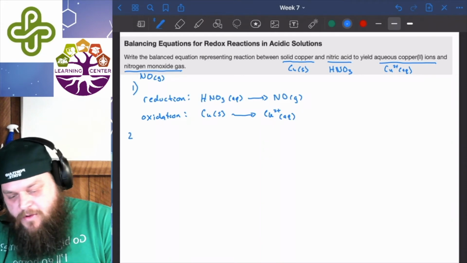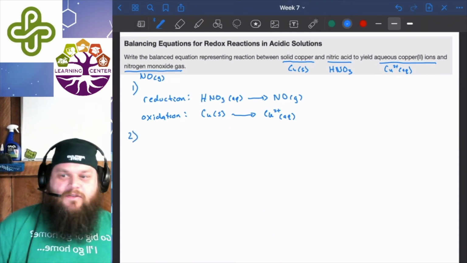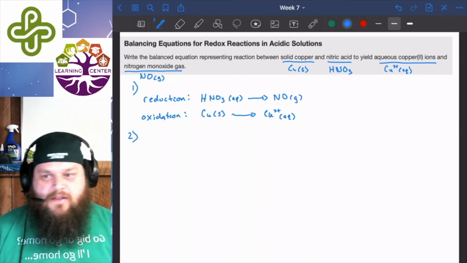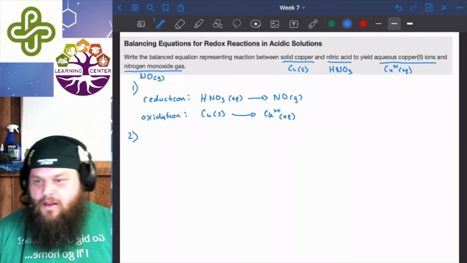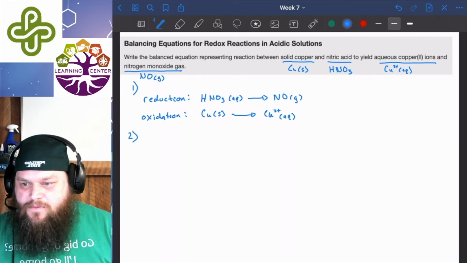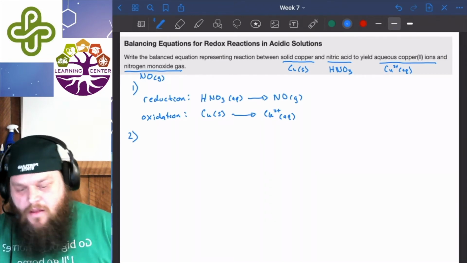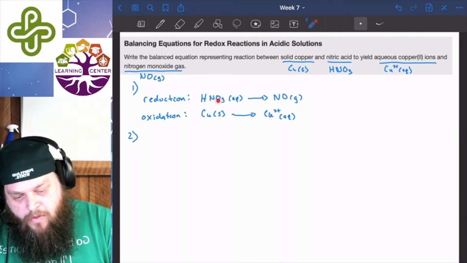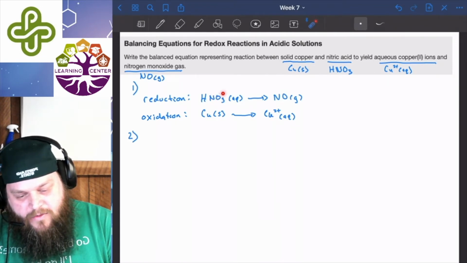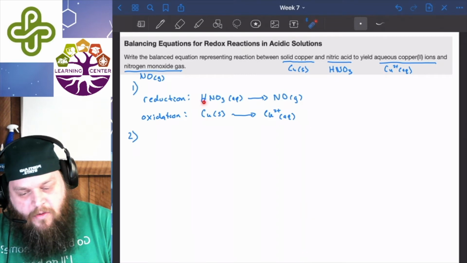Now step 2 was to balance each of those half reactions for all the elements except for hydrogen and oxygen. So looking at these, they're already mostly balanced. Looking on this side, we have NO3, so really it's just the nitrogen we're looking at. There's one nitrogen, and there's one nitrogen. We're ignoring the hydrogens, we're ignoring the oxygens for this step.